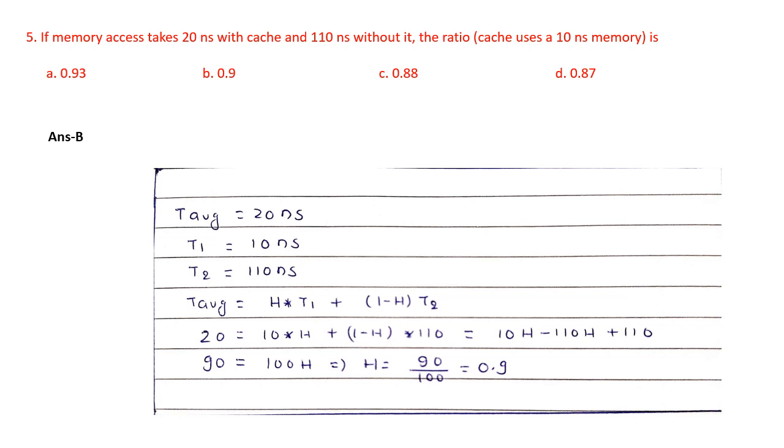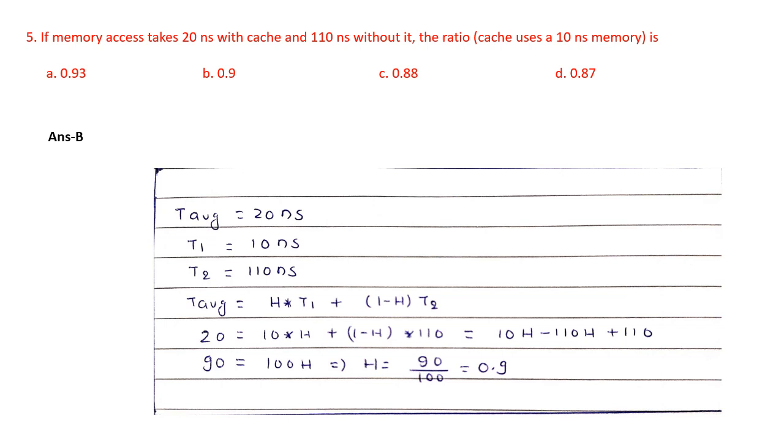Here in the solution, you can see it is a handwritten solution by me. So T average is 20 nanoseconds, T1 is 10 nanoseconds, and T2 is 110 nanoseconds. T1 is nothing but cache memory, and T2 is nothing but main memory. We will use the formula of average memory access time: h into T1 plus (1 minus h) into T2.